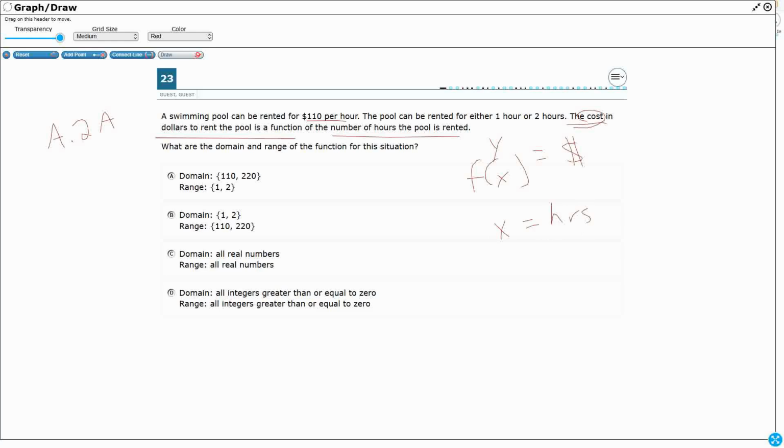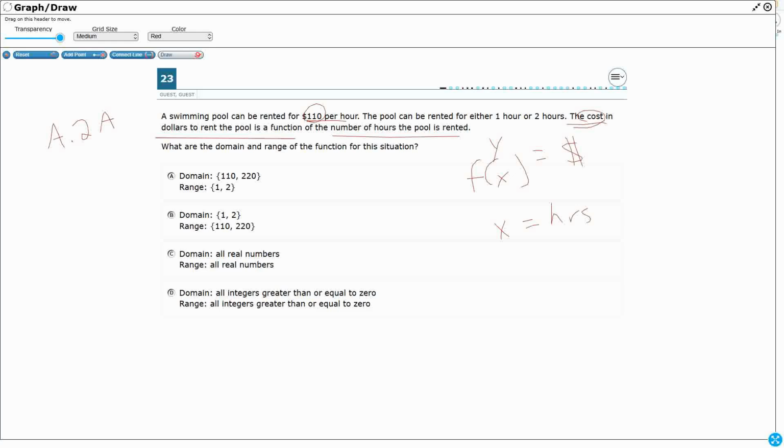Our x is always our independent variable, right? When you want to rent something, you go up and say, I want to rent it for this many hours, and then they tell you how much it costs, because they already know the cost per hour, in this case, the 110. You don't walk up with a stack of bills and ask how long you can rent it for. You specify how long you want to rent it for. They give you the cost. So the cost is the dependent variable.